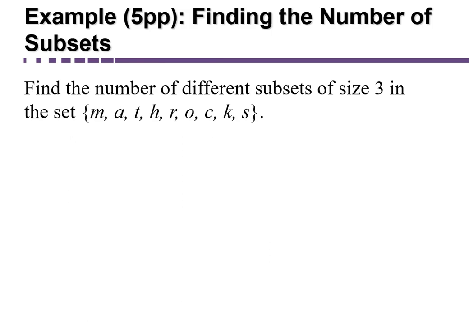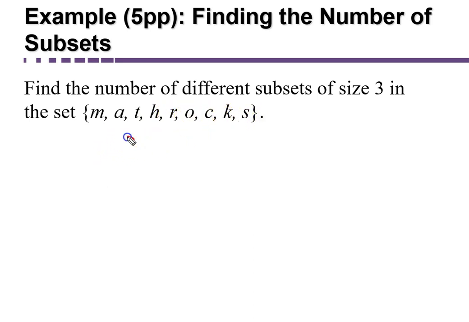All right, finding the number of subsets. Now, if you recall, for subsets, the order is not significant. So we want to find the number of different subsets of size 3 in this set, where there's 1, 2, 3, 4, 5, 6, 7, 8, 9.